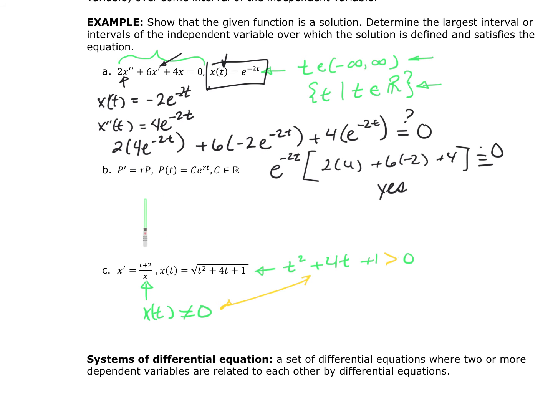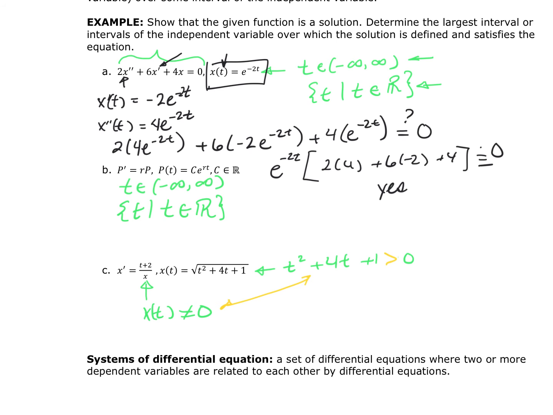Now remember, your independent variable is t. What is the largest interval that t can be? The reals. Yep. So just like before, t can take on any value in the interval from negative infinity to infinity, or set builder, t such that t is an element of the real numbers. So any real number is going to satisfy this.